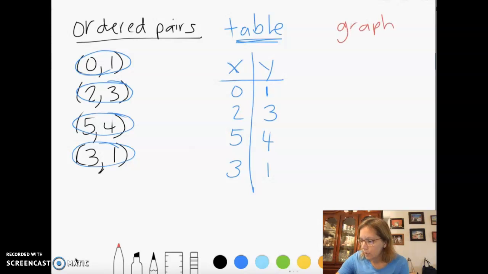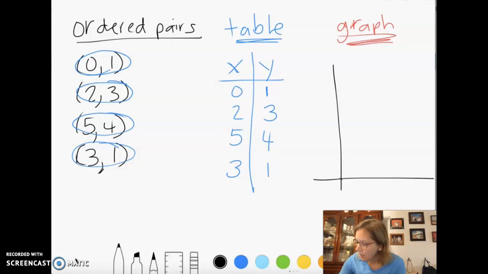to show your relations or your ordered pairs is with a graph. Okay, so if I'm doing a graph, remember I told you today we're just using the positive quadrant. So I'm just using this quadrant over here. And remember, when you draw your lines, they're supposed to be evenly spaced, as evenly as you can.